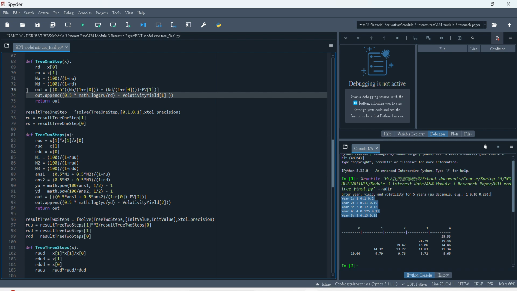Line 73, discounting the average price matches year 2's present value. Line 74, the log rate ratio matches input volatilities. Line 77, the core of the model involves iteratively calculating short rates at each node. We use fsolve for numerical optimization.